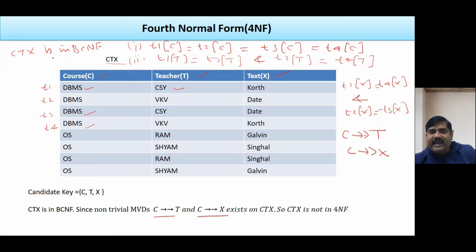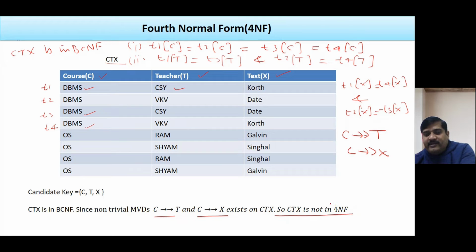So CTX is at least in BCNF. But here, if we take C union T, C union T is not equal to CTX. So in this case, this is a non-trivial MVD and this is also a non-trivial MVD. So we can say that CTX is not in fourth normal form.